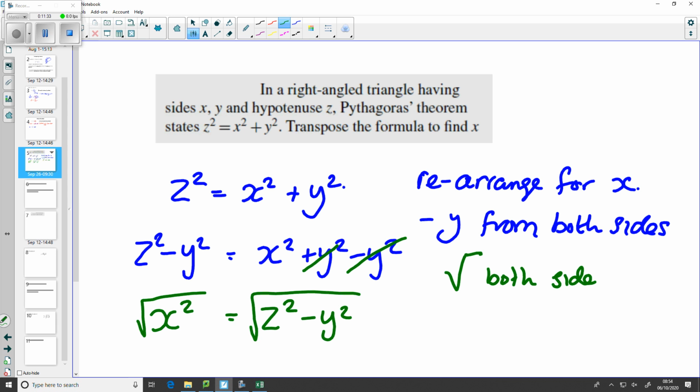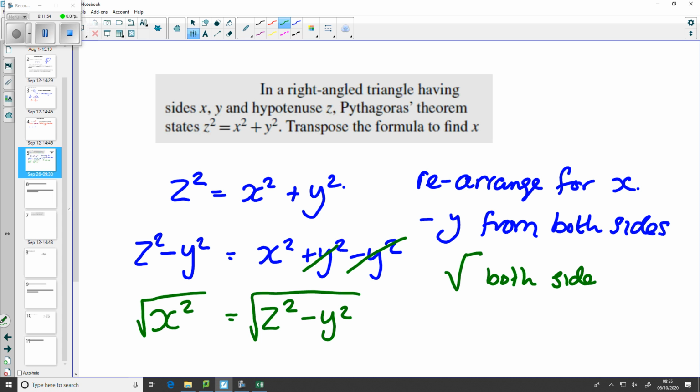Remember, you must do it to all of it. By the way, that square root symbol, all the way over that expression, two terms, one subtracted from the other, means effectively, in terms of your calculator and everything, there are brackets around that term.